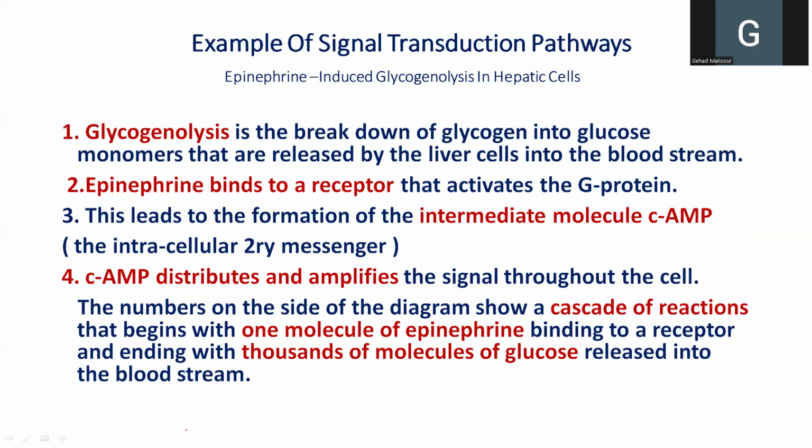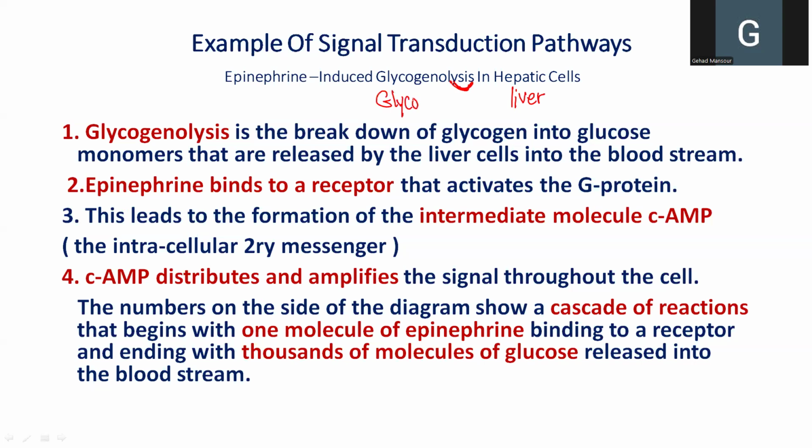And now we are going to study an example of a signal transduction pathway where a G protein coupled receptor is included, and this is the chemical pathway of glycogenolysis in hepatic cells. Of course, hepatic cells, as you know, are liver cells, and glycogenolysis, lysis means breakdown.